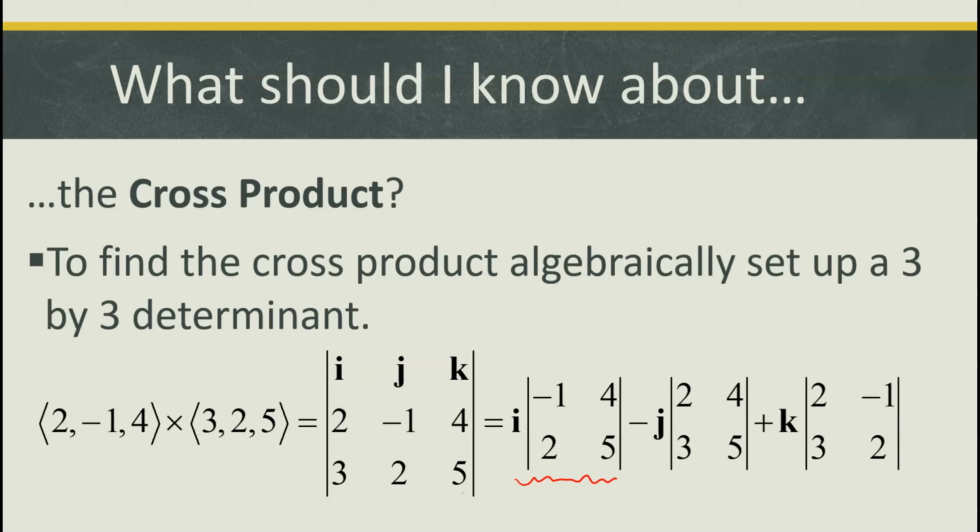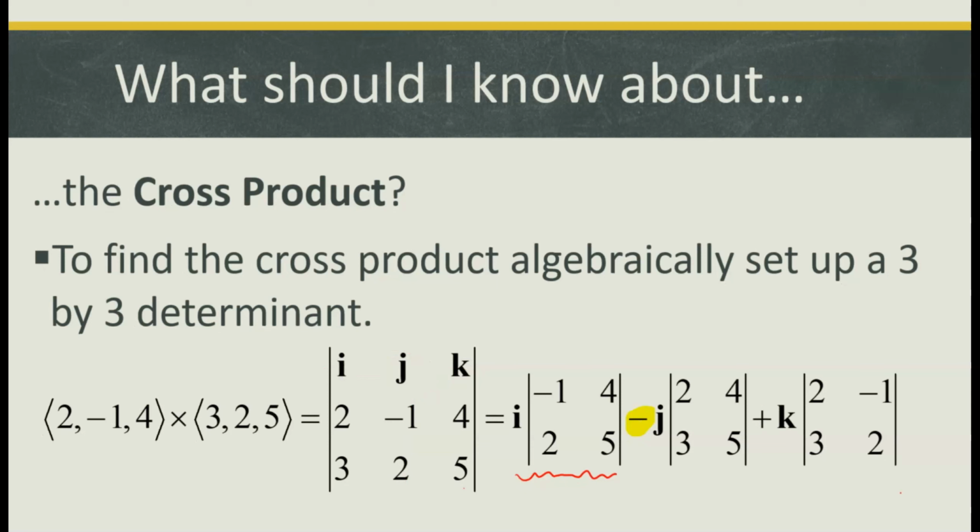Then we move to the second entry of the first row, and we remove that row and that column, and we do the subdeterminant of what remains. So in this case, 2, 4, 3, 5. Now, when we move to the second entry, the j entry, it's important to remember that there's a minus sign here. And this minus sign is derived from how we find determinants of 3 by 3 matrices.